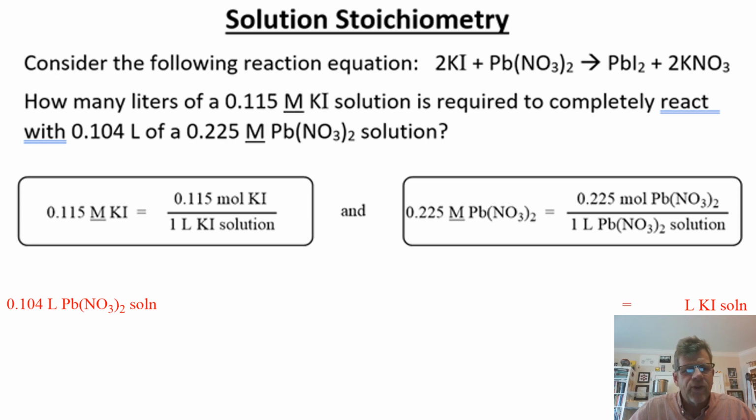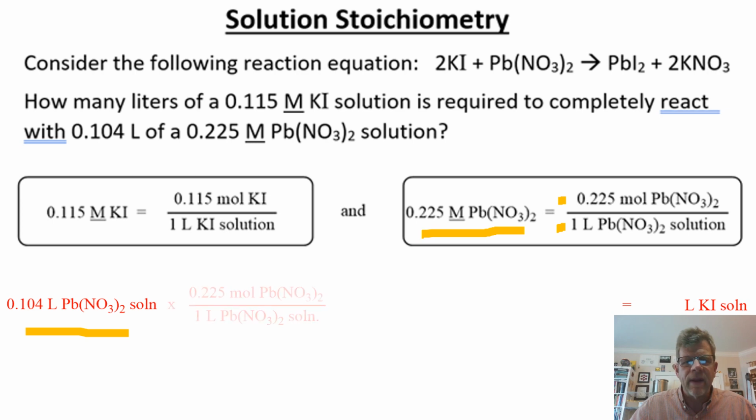We are now starting out in liters of lead nitrate. And there it is right over here, and here is liters over here, and here is moles. We're going to use that as written as the first per expression. And that cancels us out of liters of Pb(NO3)2 and into moles of Pb(NO3)2.